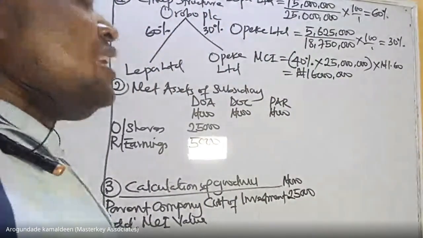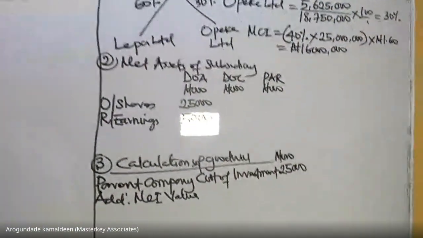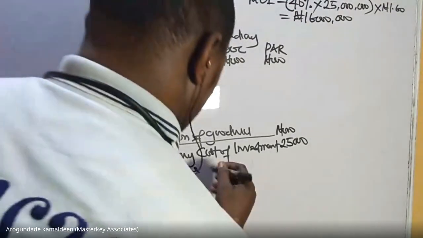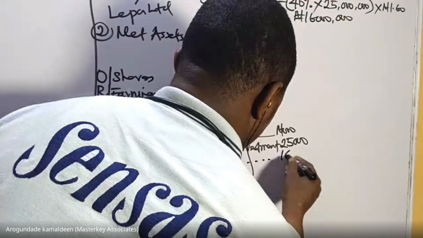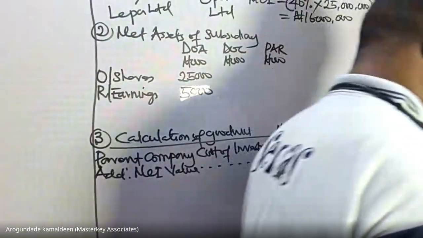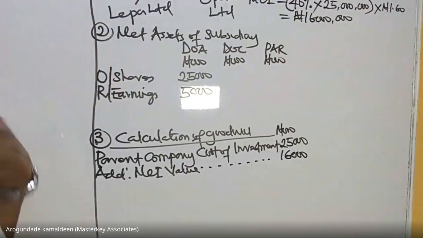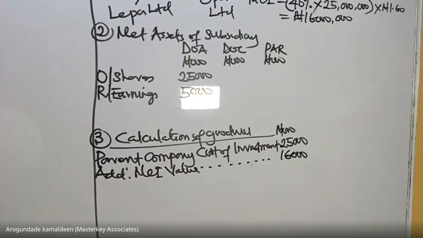Sometimes they might give it to you directly. So that comes here. NCI 16. So you also leave a gap, as you know. Go and show your consolidated retained earnings. You know all these things now, yes?